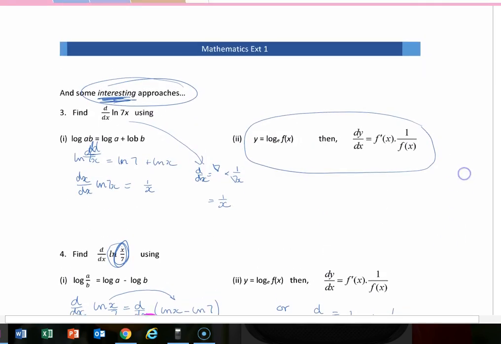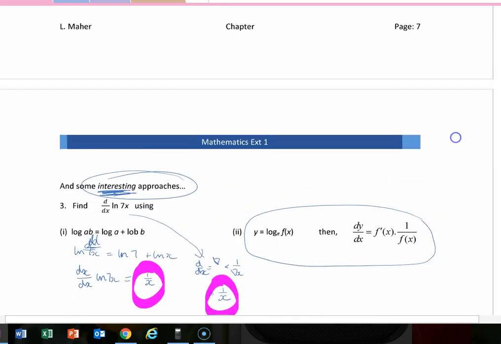Let's find another example. Differentiating the log of 7x, you still end up with a 1 on x.